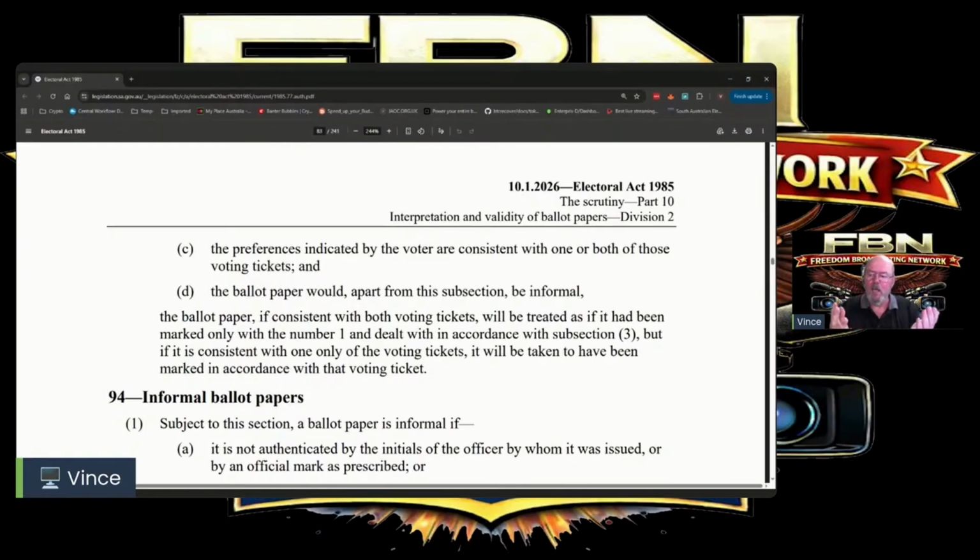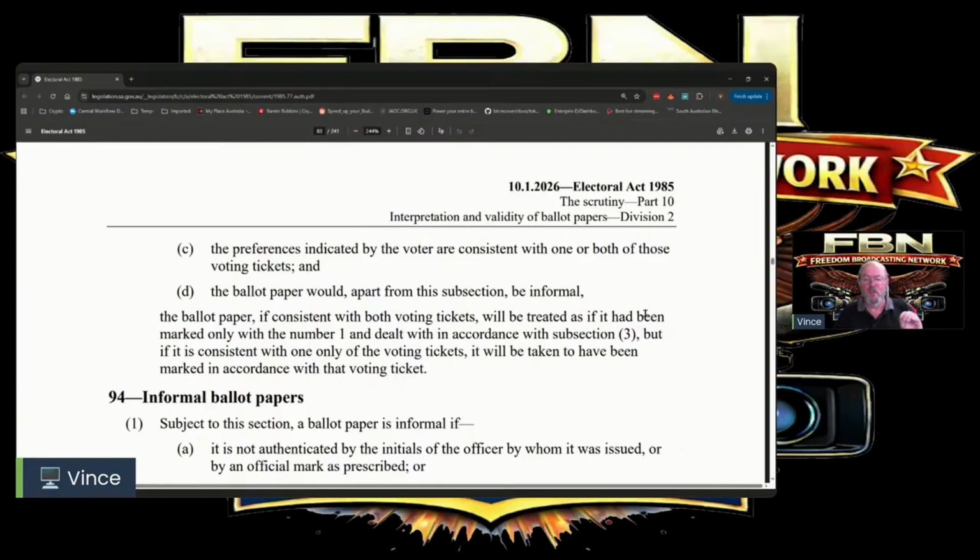It will look at that and go, well, yeah, this ticket says 1, 2, 3, 4, and it matches this guy's 1, 2, 3, 4. So therefore, it goes in that pile. And from now on, whatever's left becomes the preferences. If it doesn't, it goes back up to the number 1 and just gets split across whichever, 50-50, right?